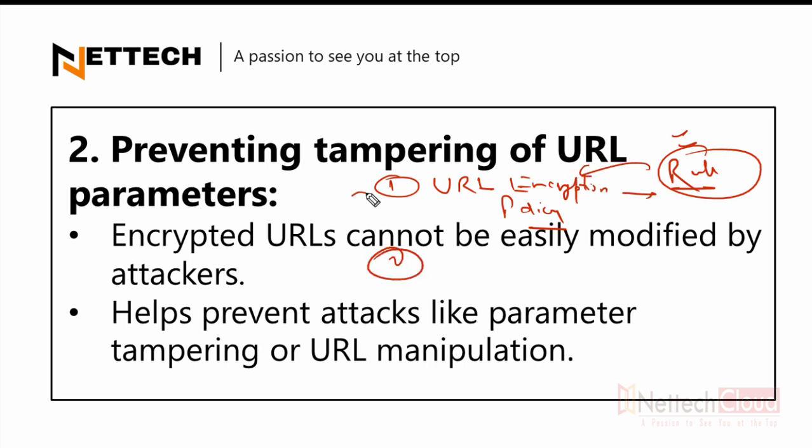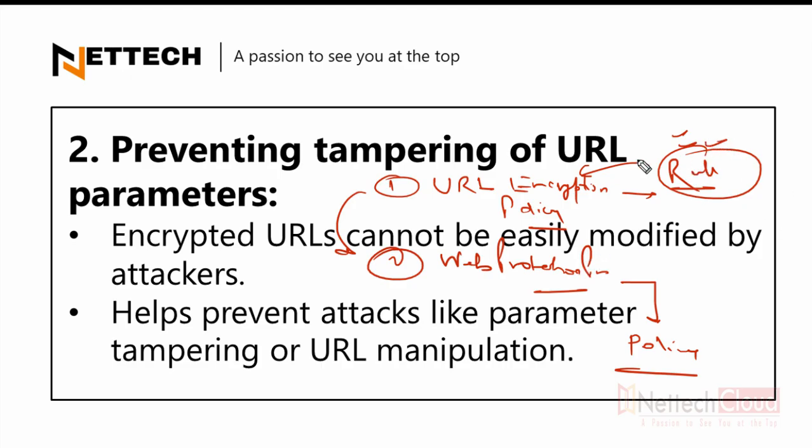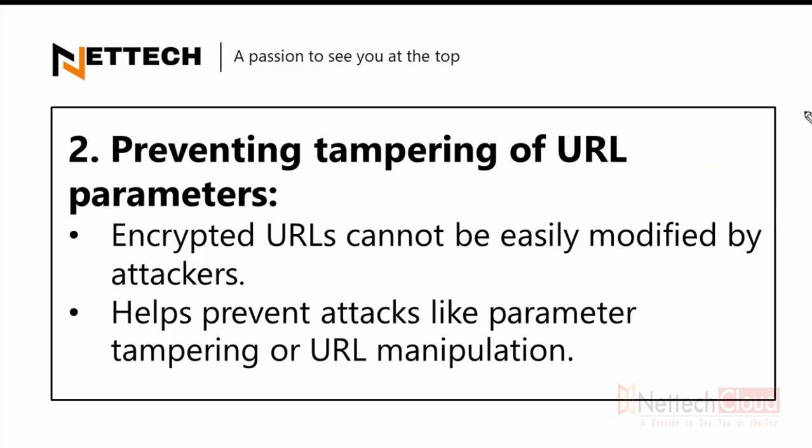Second step, the URL encryption policy is then linked to the web protection profile, and the web protection profile is already linked to the server policy, right? So this way we do the configuration. First, the URL encryption rule is linked to the URL encryption policy, then the policy is linked to the web protection profile, and then finally the server policy.